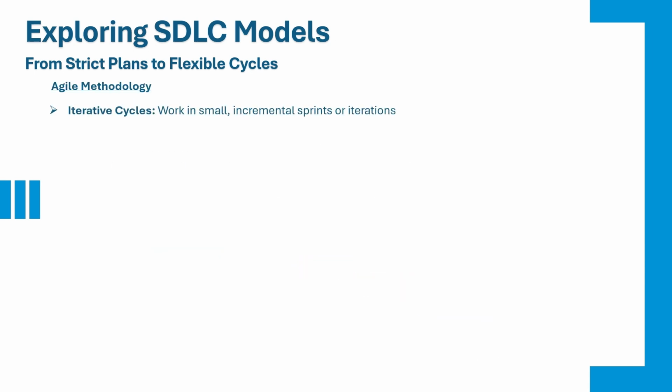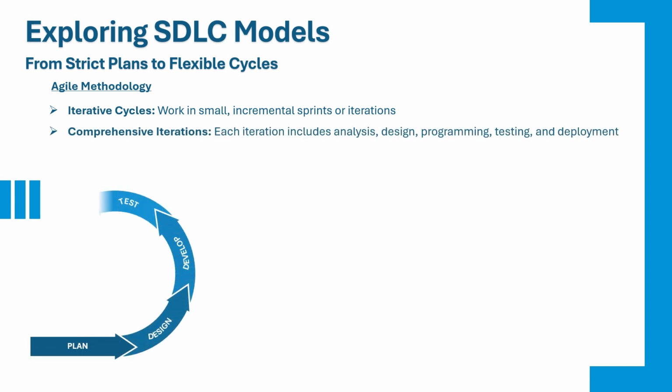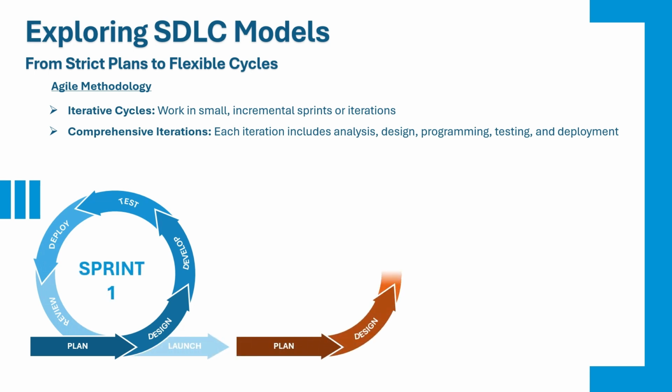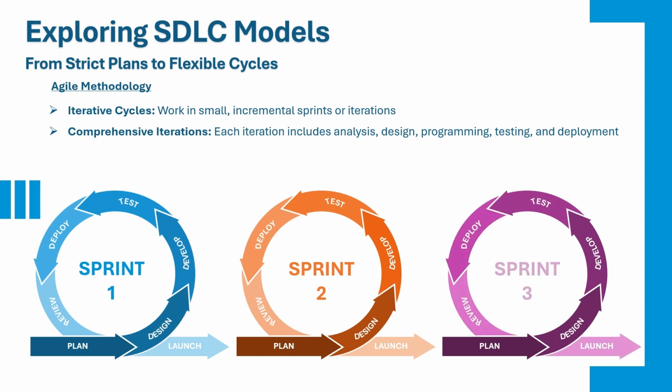Next up is the Agile methodology, a more flexible approach designed to address the limitations of Waterfall. Unlike Waterfall's strict linear plan, Agile operates in incremental cycles or iterations. Each iteration includes everything from analysis and design to programming, testing, and deployment, all packed into a short, manageable sprint. So Agile focuses on continual development, small, manageable chunks of programming, supported by continual analysis and design.